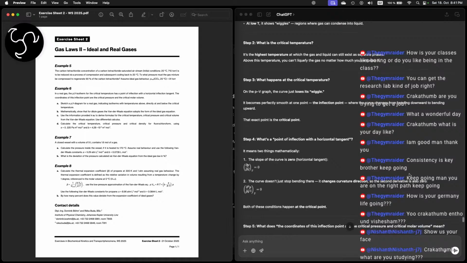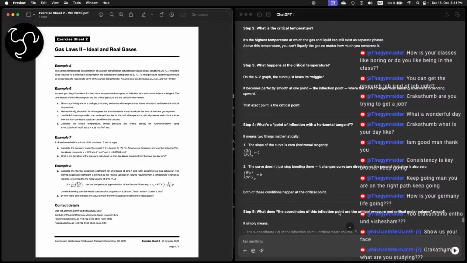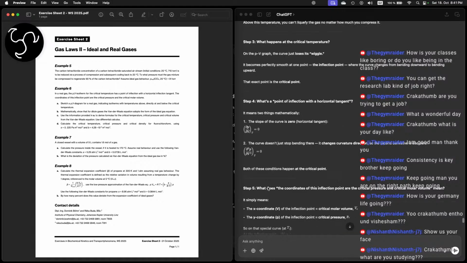What are the coordinates of this inflection point? The coordinates of this inflection point are the critical pressure and critical molar volume, meaning?